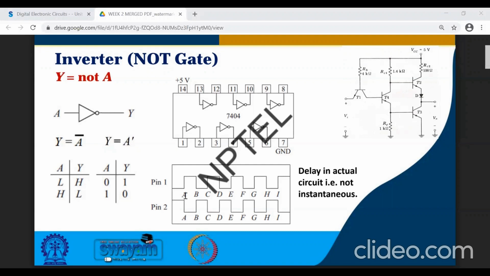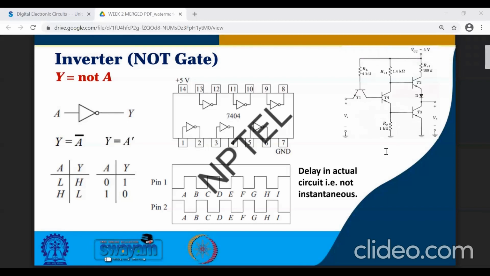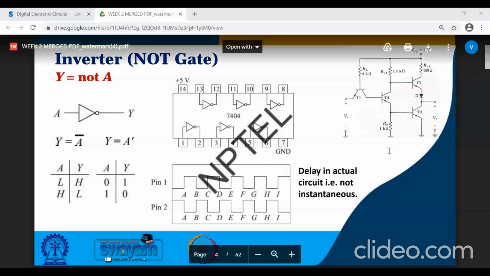And when the input is at logic level high, output is at logic level low. It means output is the complement or inverted version of the input. Here we can see the TTL, that is transistor logic diagram of NOT gate.